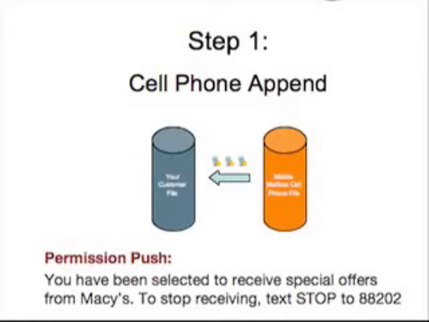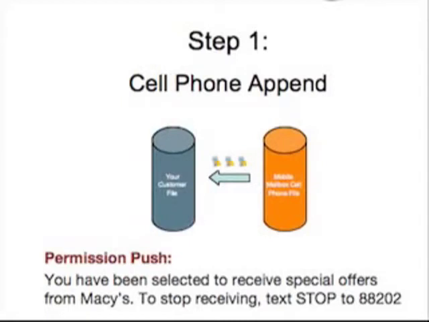Stop here is the keyword to 88202, which is a short code. So as we do the matching and the append process, we give individuals an opportunity to opt out. And then once that's done, that net file, after that permission push, is returned back to you.